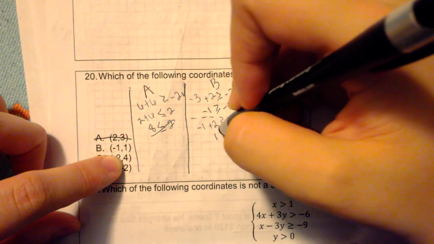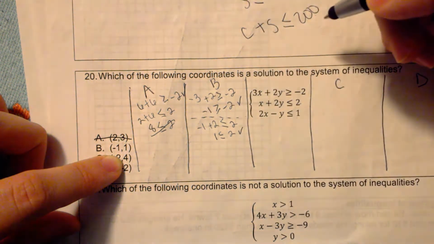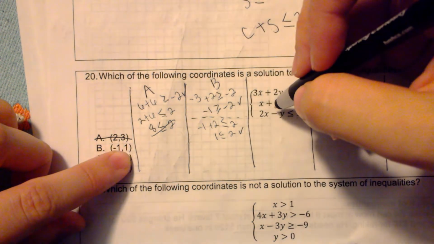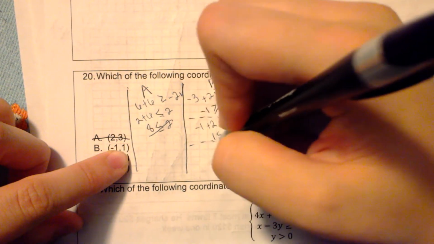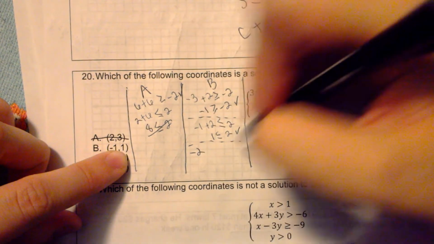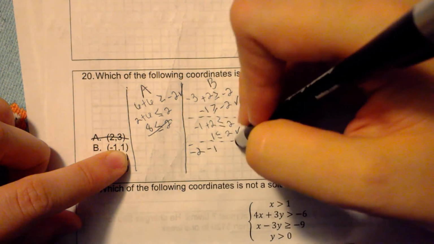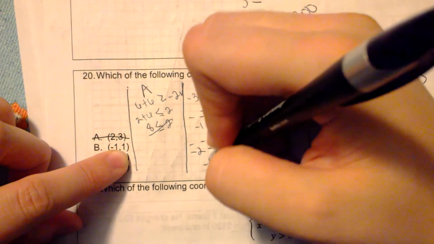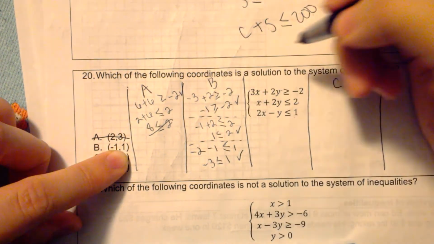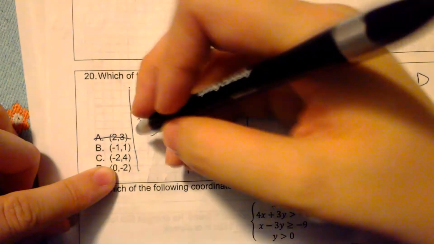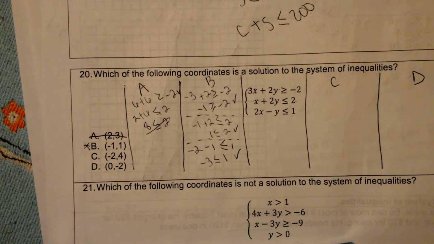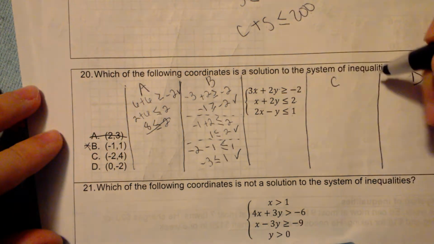So that's going to be 1. 1 is less than or equal to 2. And then the next equation, 2 times negative 1 is negative 2, minus 1. Is that less than 1? So negative 3 is less than 1. That works out. So it looks like B is our answer. There should only be 1, so I'm just going to go with B as our answer.